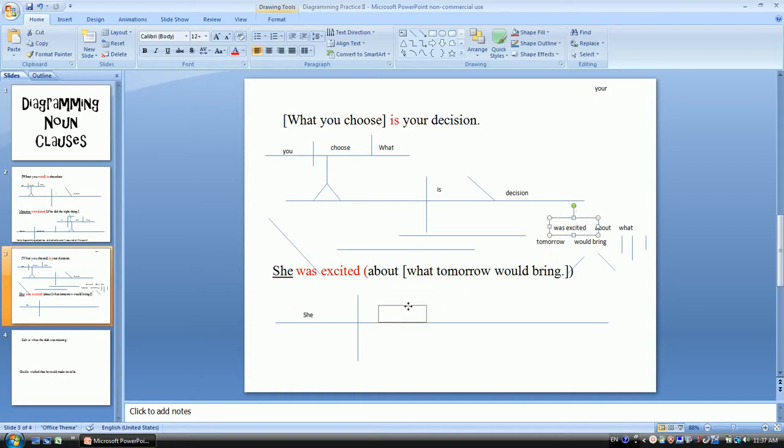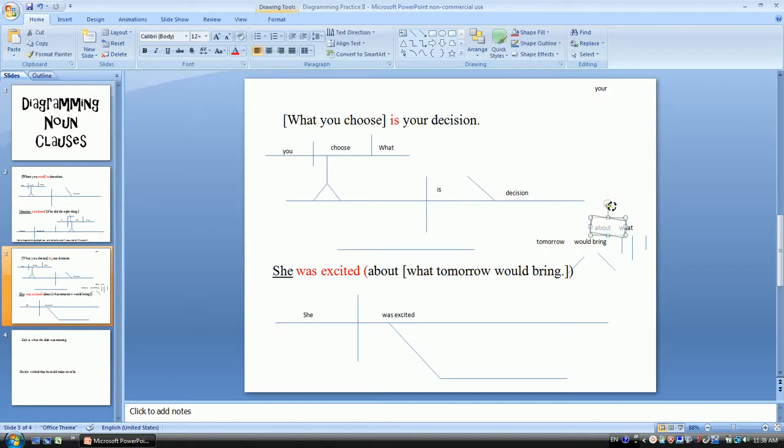Okay, now when you diagram prepositional phrases, they're kind of like indirect objects. You have a diagonal line going below, and you have a horizontal, this kind of L shape down here. Okay, and you put your preposition on the diagonal line.